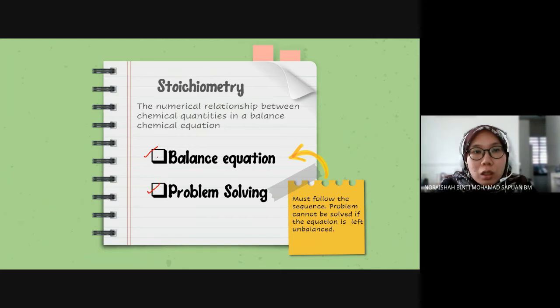Untuk catch up both ni perlu ikut sequence, which is kita perlu balance equation first before kita buat problem solving. Okay? Tak boleh selesaikan problem solving jika equation tak balance. Okay. So kita teruskan.